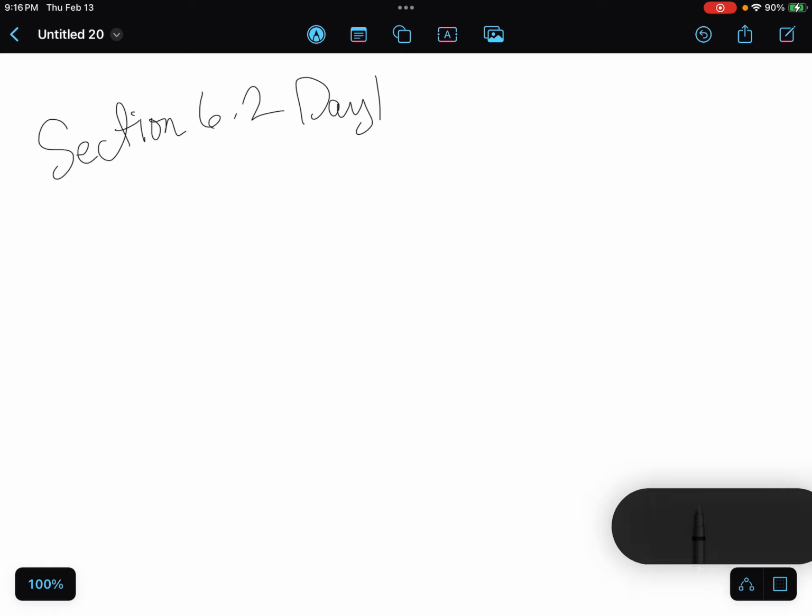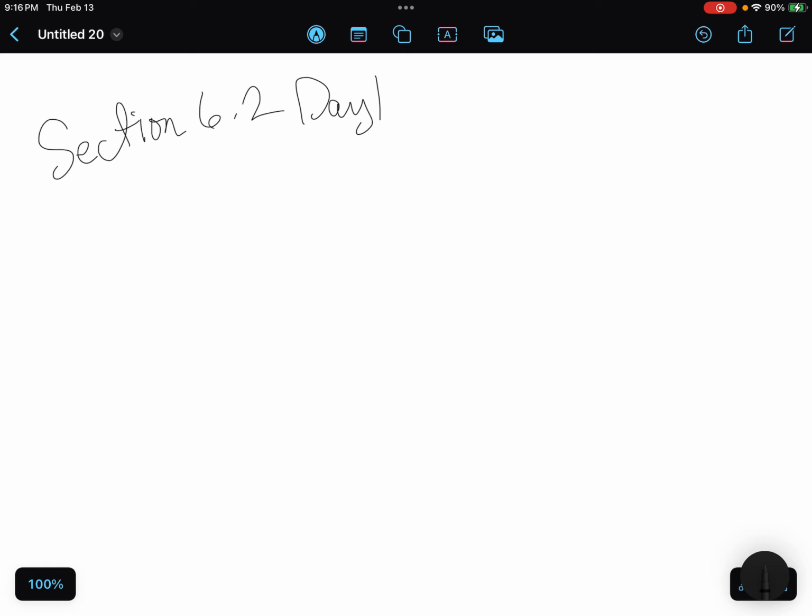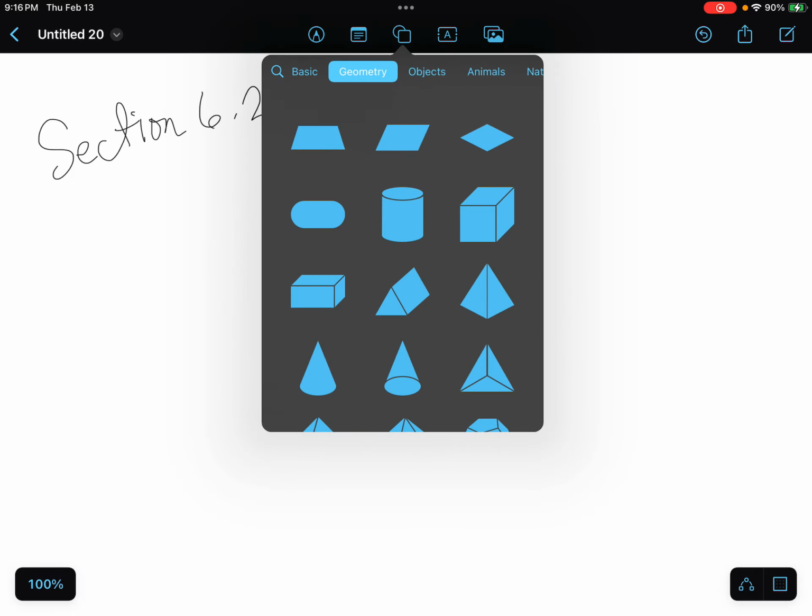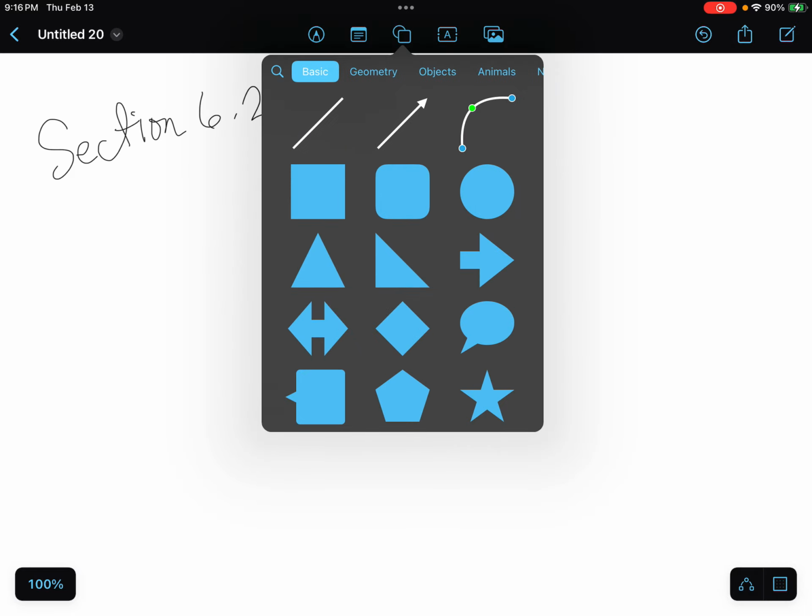All right. So now we're getting into some different terminology. One of the things we're going to look at with a triangle, is steal one off of these basic objects here.